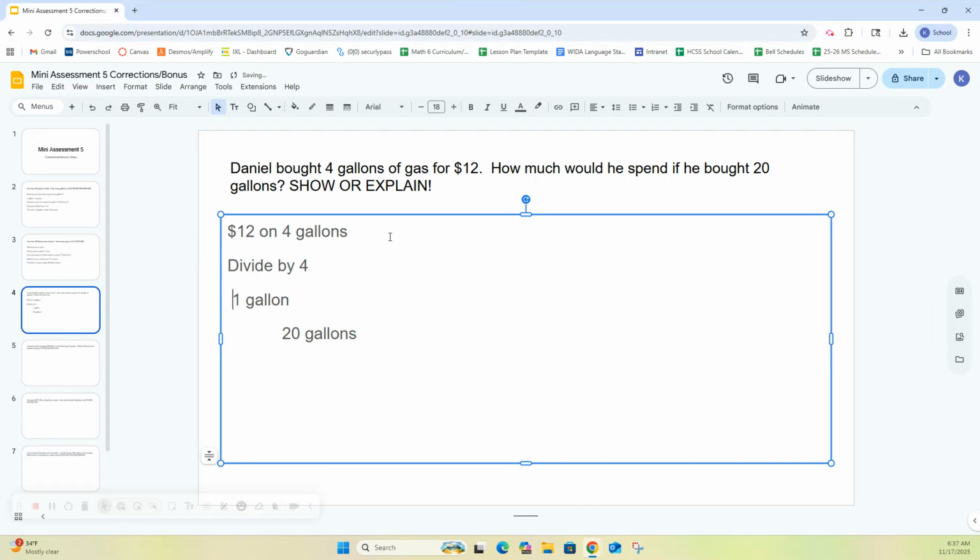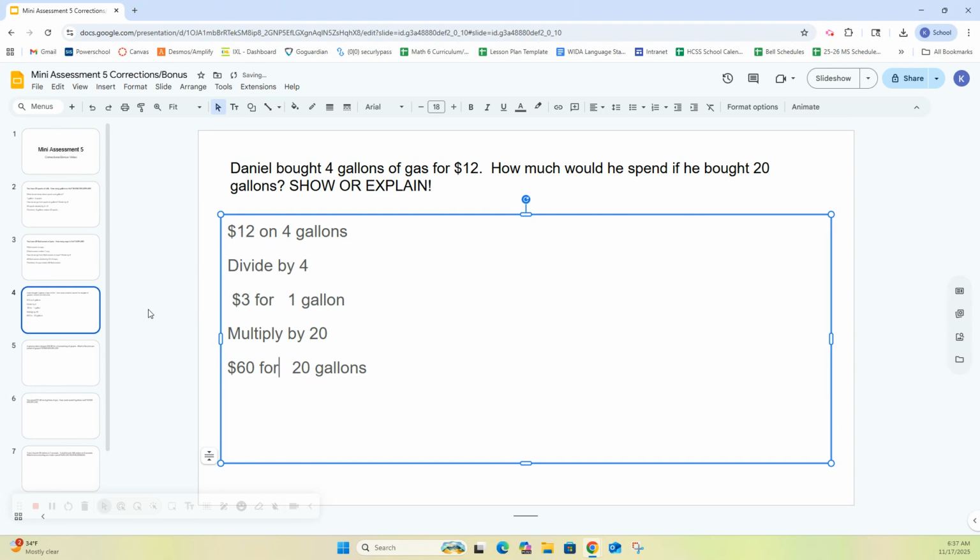All right, so $12 divided by 4 is $3 for 1 gallon. Now we need to think about, how do I go from 1 gallon to 20 gallons? That is correct. Multiply by 20. 1 gallon times 20 is 20 gallons. $3 times 20 is $60.